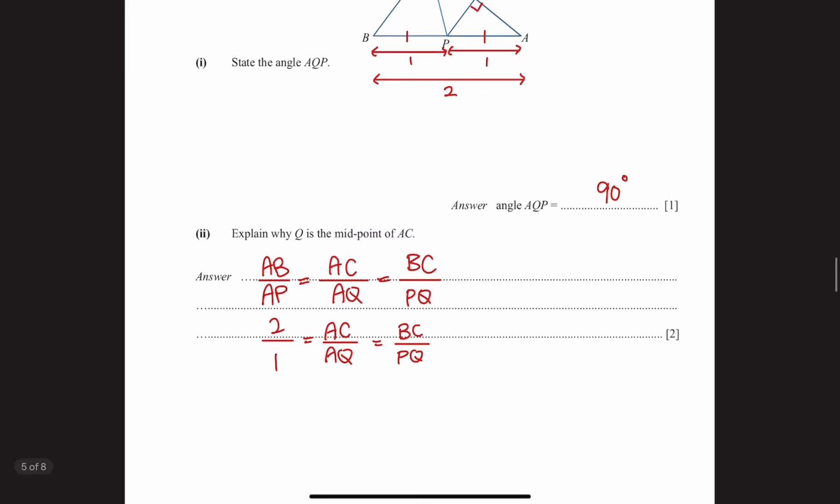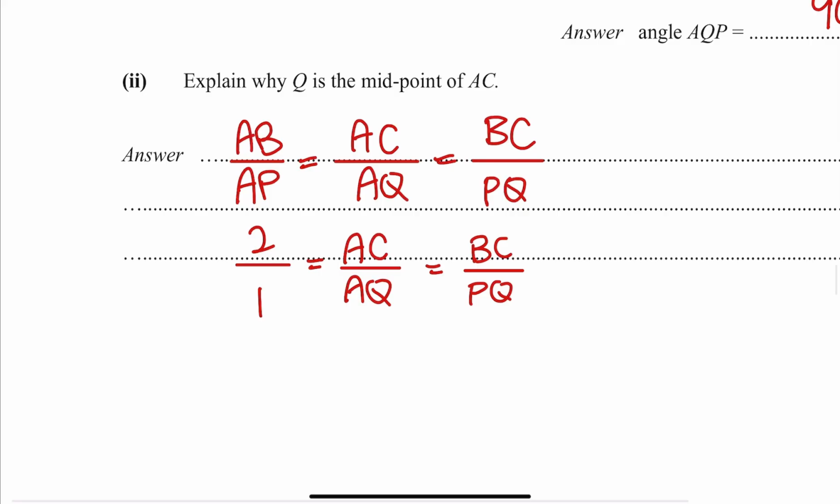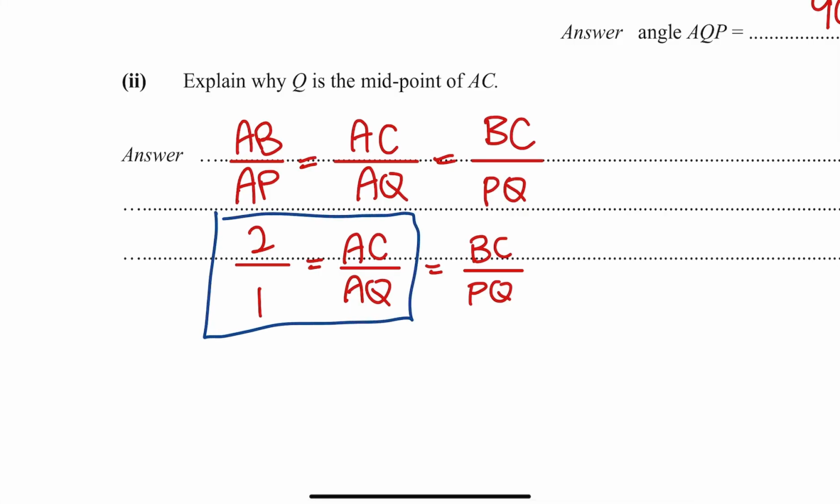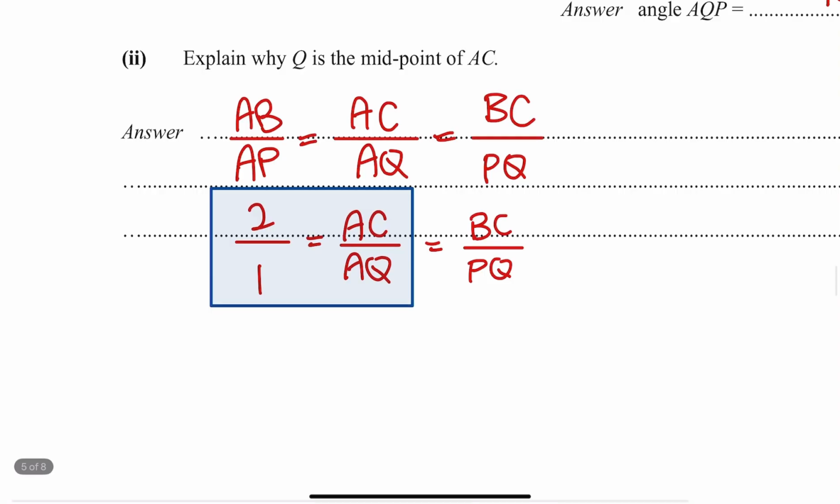Okay, so from this ratio here, which I highlight in blue, if I simplify this equation further, I will get by cross multiplying, 2 times AQ is equal to 1 times AC.